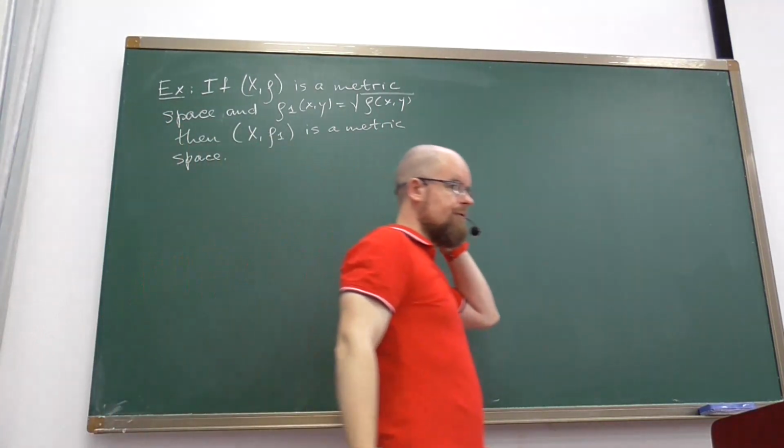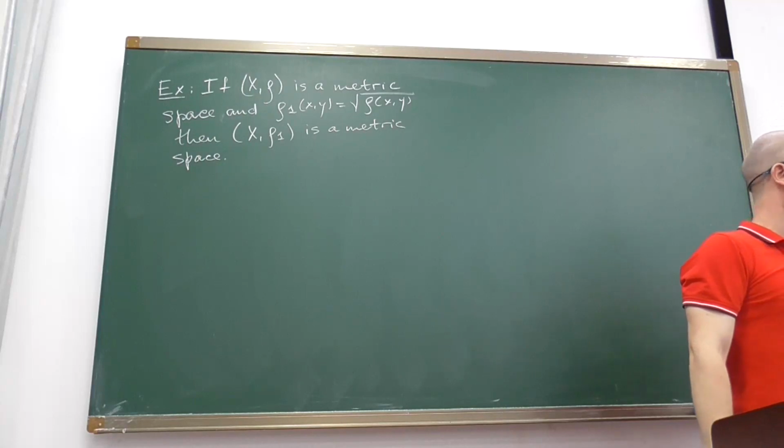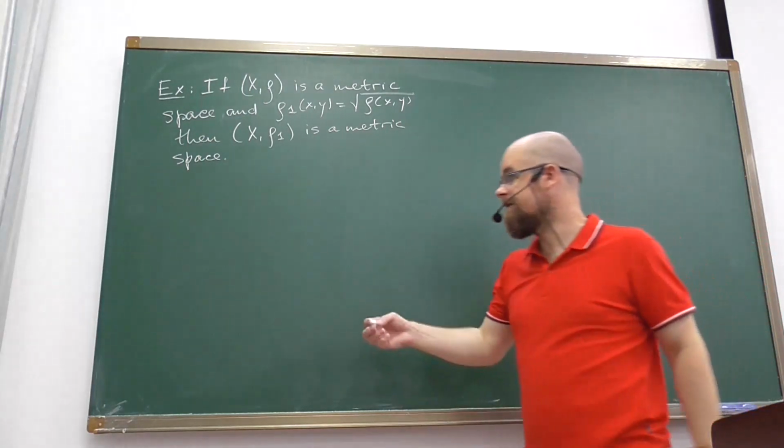So if we take a metric and take the square root of it, then we will get a metric. Let's check it.